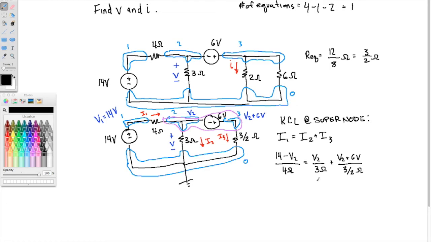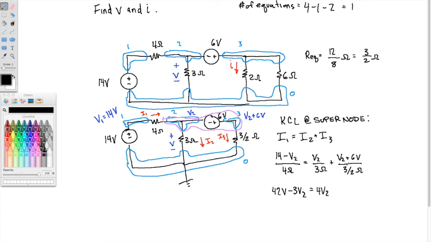Okay, and so I will multiply everything by the common denominator, which is 12 ohms. So this is 42 volts minus 3V2 equals 4V2.